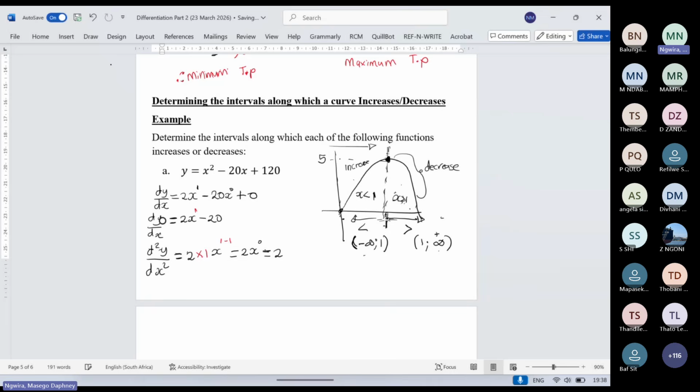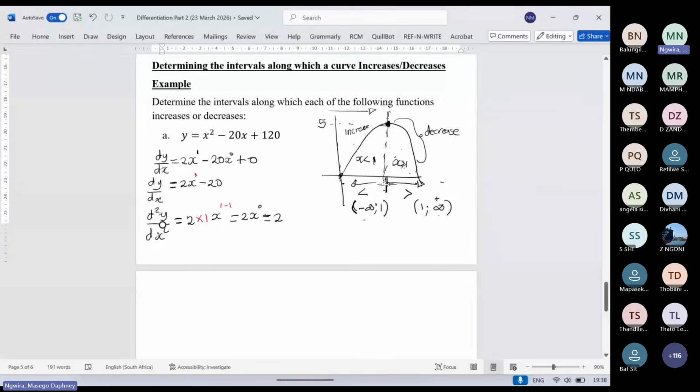I'm done. All right. So now they're saying here, if the answer that you're supposed to substitute, but because we're substituting the second derivative, our second derivative doesn't have x, so we're just going to have 2 here. So it means that my graph is going to turn here at 2.